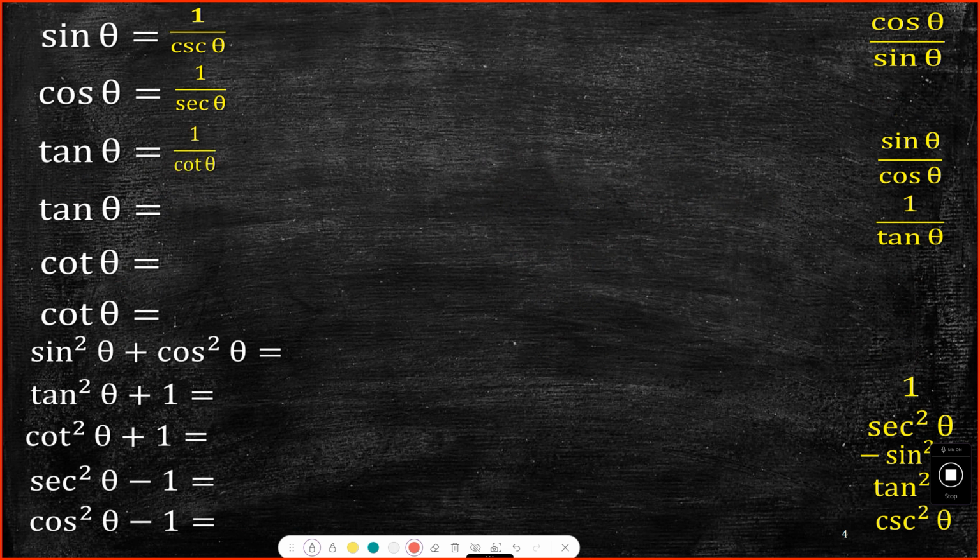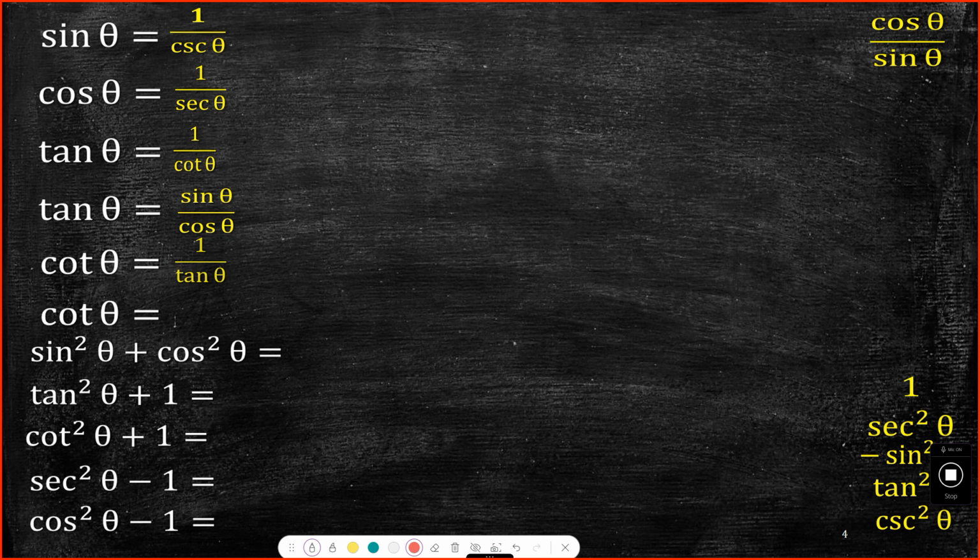And tangent theta is sine theta over cosine theta. What's cotangent theta? 1 over tangent theta.